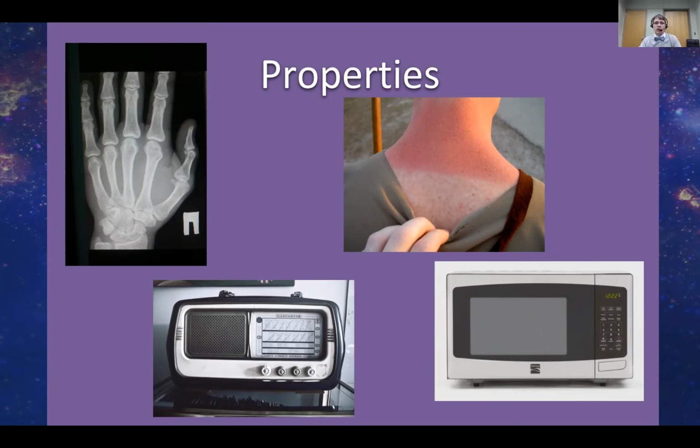And Mary has popped up the next poll asking, sunlight transfers energy to the Earth's surface mostly in the form of one of these. Which one do you think? Go ahead and put your answers into that. I'll give you guys a moment. We've got a range of answers going on.